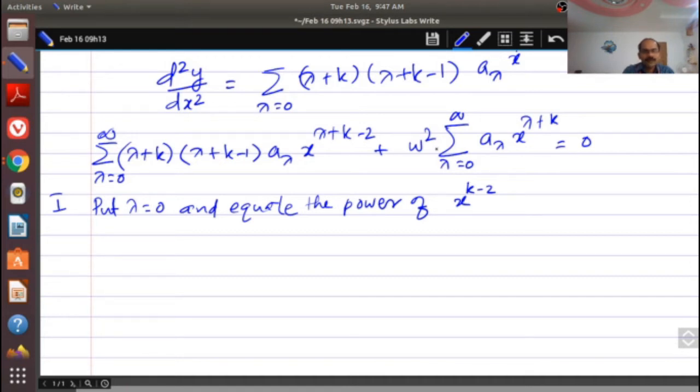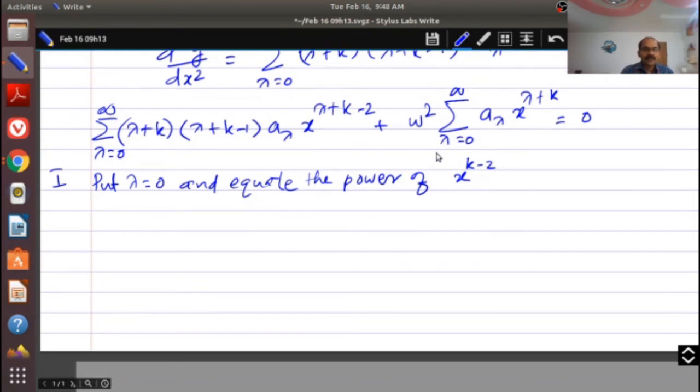So what you are trying to see is that this summation is equal to minus omega square another summation, exactly like I told you on the other, in this equation. So term by term you can equate. So the coefficient of x raised to k minus 2 should be equal on either side.